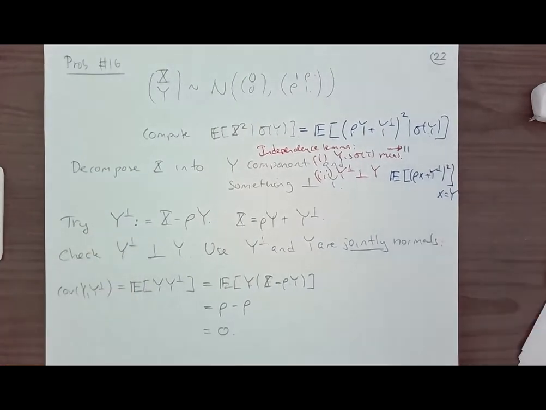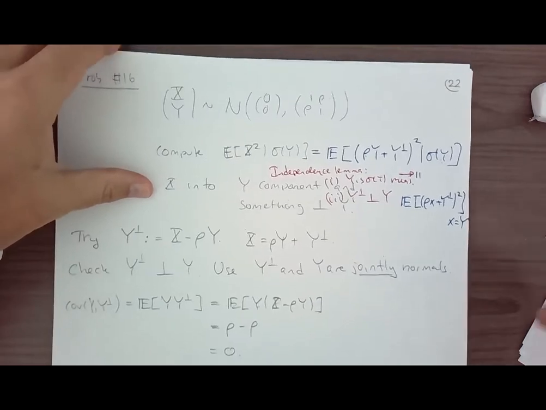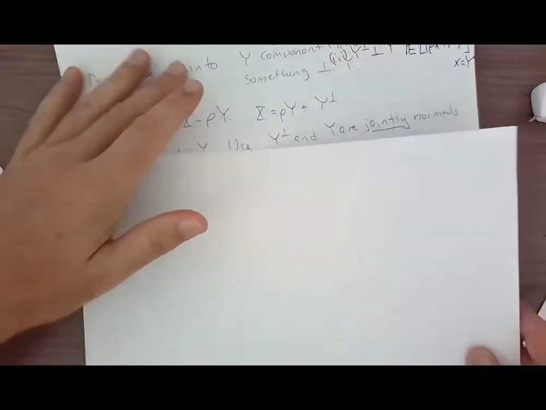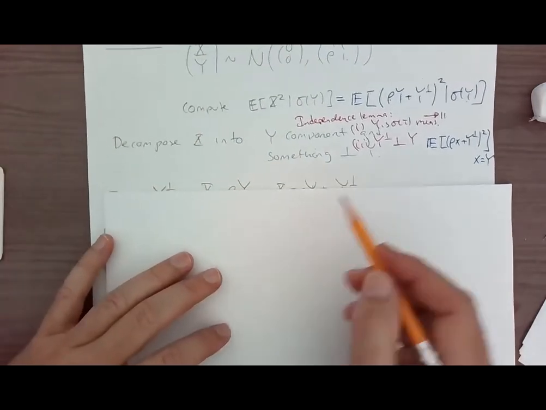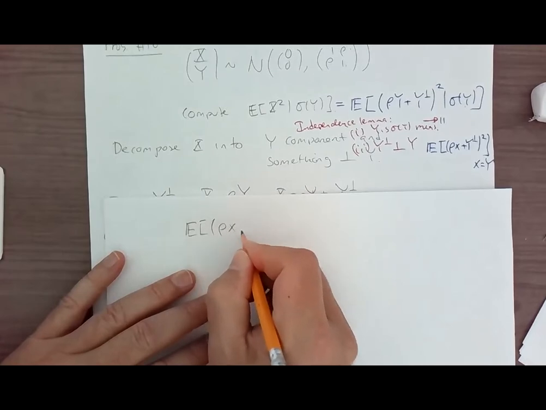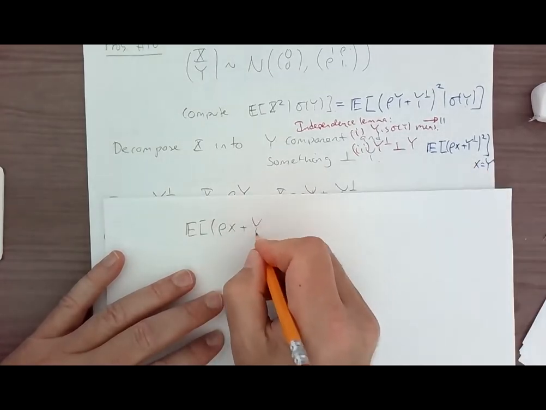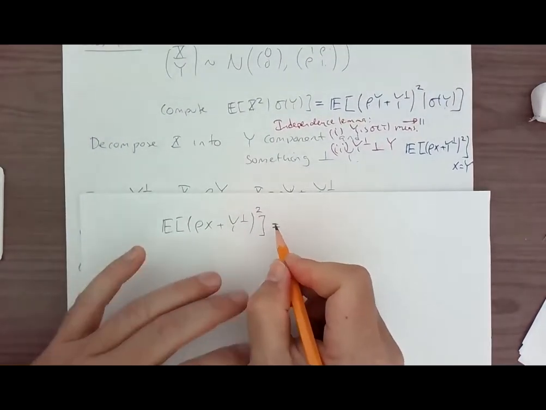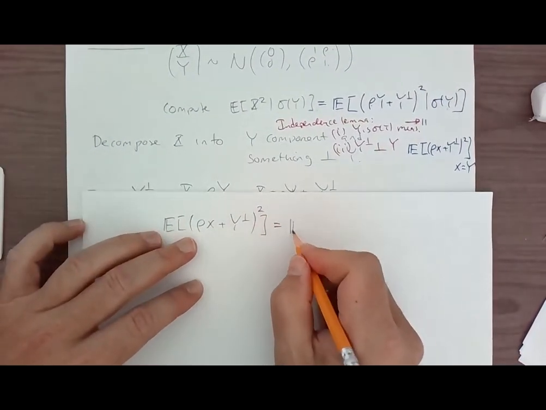So again, we go through the same steps that we went through a few times today. And what we'll get here is, let's work out what the expectation of rho x plus y perpendicular squared is. We'll factor out the square.